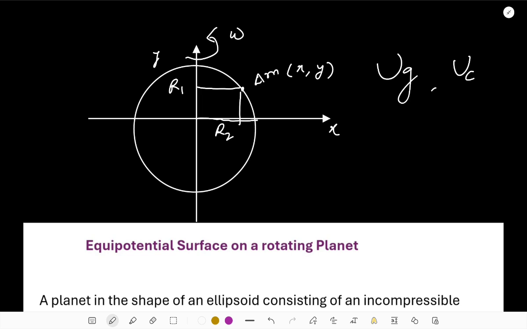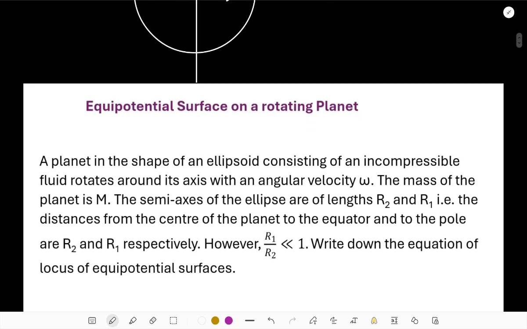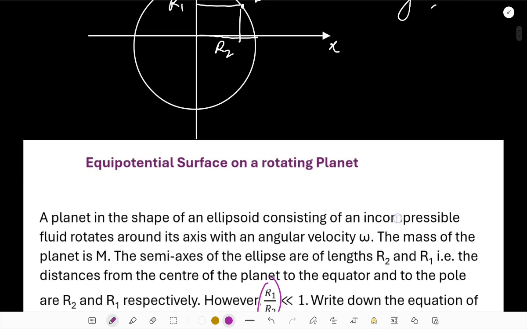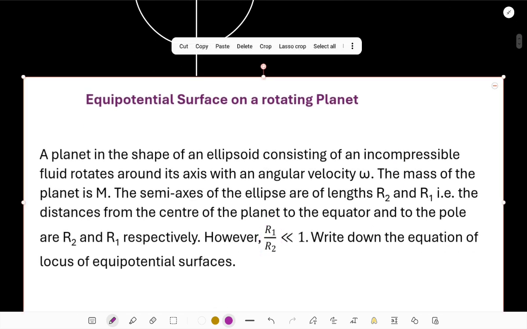So there are two kinds of potential energy related to two different forces, the force of gravity and centrifugal forces. And it was given that r1 by r2 is less than 1. That means I'm considering this ellipsoid-looking planet as a spherical one, so that I can write its potential energy.